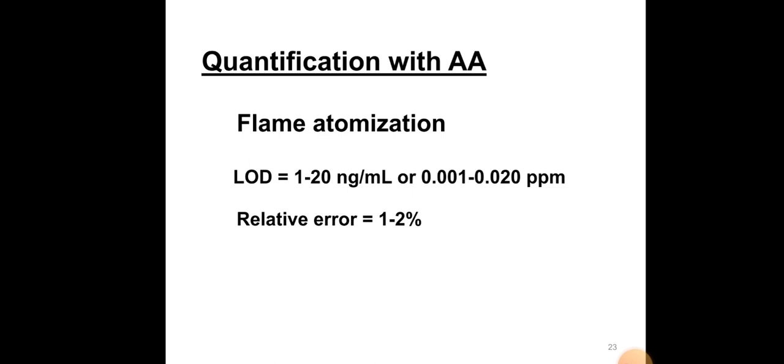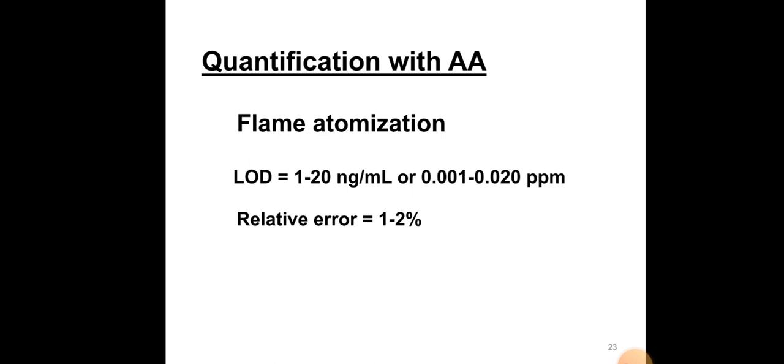The atomic absorption spectroscopy method is mostly used for quantitative applications. Quantitation with flame atomic absorption has an LOD or limit of detection between 1 to 20 nanogram per milliliter, or 0.001 to 0.020 ppm.